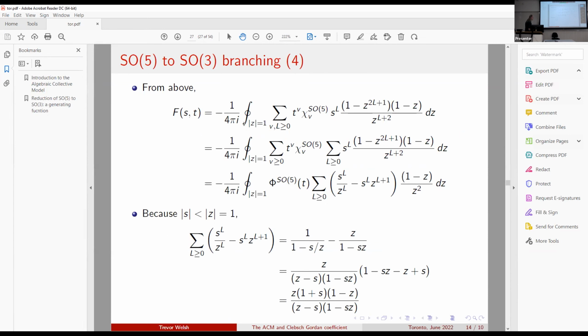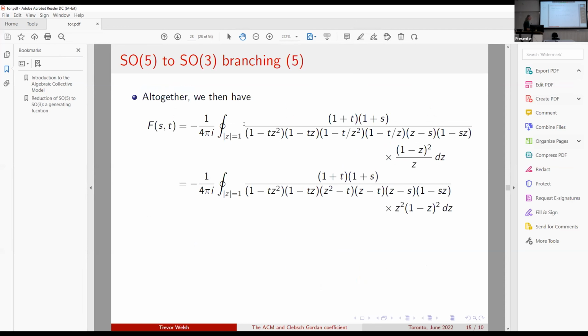And we also have a 1 plus s in the numerator. And we have a 1 minus z squared in the numerator. And we have a z minus s and a 1 minus sz in the denominator. So that's the result of that manipulation.